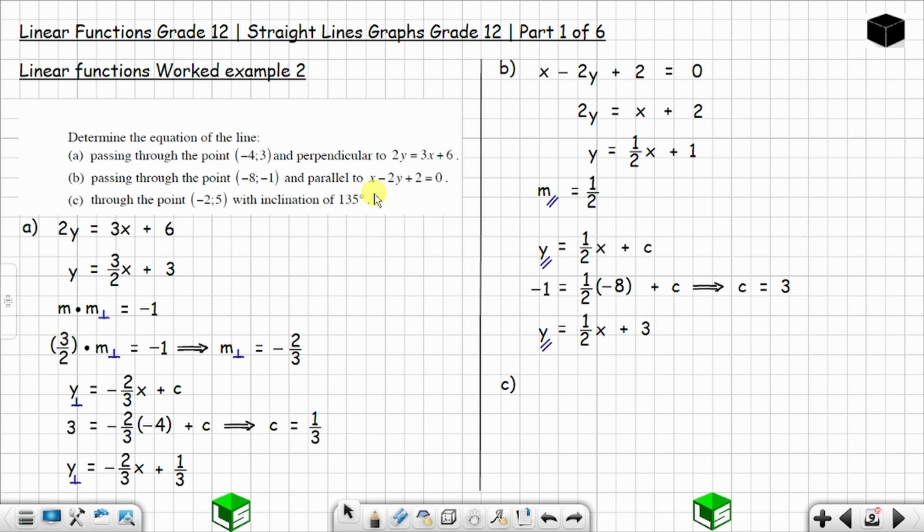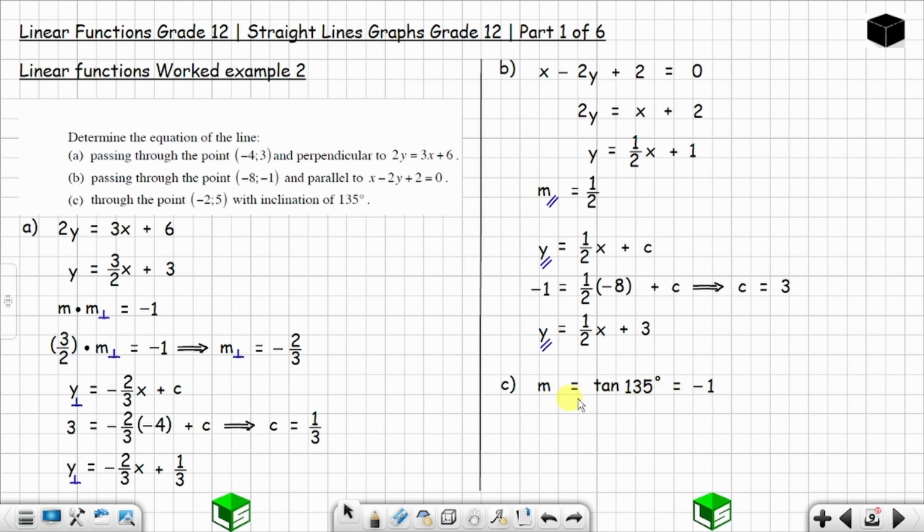Okay, remember, if you want to get the gradient of this line, you are going to use the angle of inclination. So the gradient of this line is m, right? This is equal to the tangent of 135 degrees, and this is equal to negative 1. You can check it with your calculator. It's negative 1.